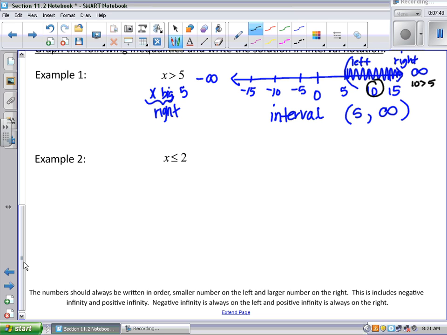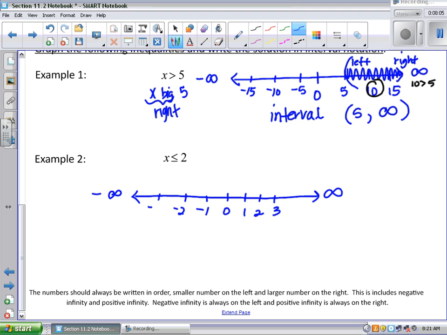Example number 2 says x is less than or equal to 2. So I'm going to start by drawing my number line from negative infinity to infinity. 0, 1, 2, 3. Positive numbers to the right. Negative numbers to the left.